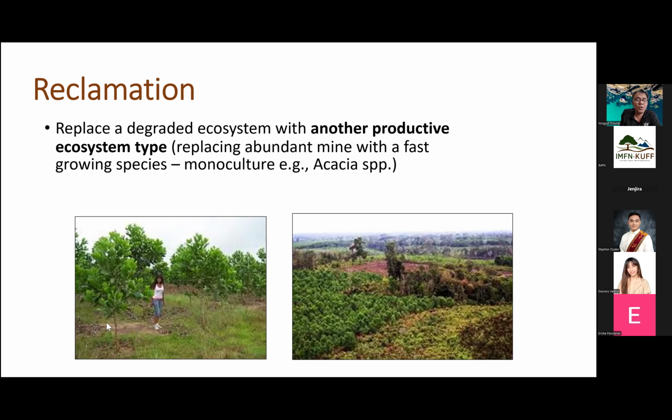After these fast-growing species grow up, some bushes or some species come and use this area, and the land will gradually change to the final state.